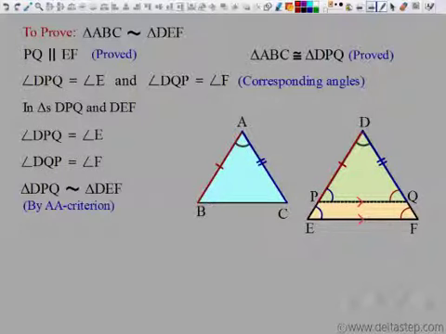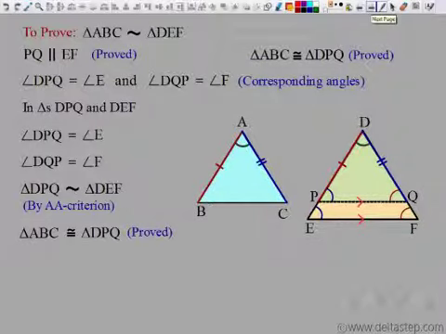So I get that these two triangles are similar. I already know that triangle ABC is congruent to triangle DPQ. This is what I already know. If they are congruent, I can say that they would be similar.